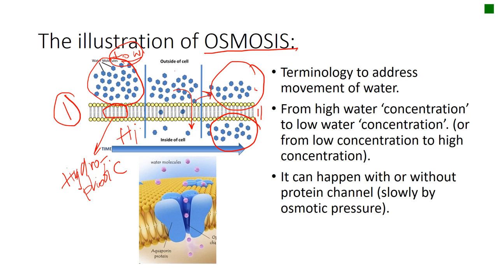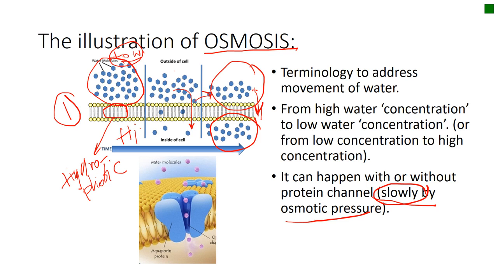The truth is, they can actually move through the plasma membrane bilayer, but very slowly, due to the osmotic pressure. Remember, water has pressure. It can push on the plasma membrane and create such a pressure to let the water molecules get in. But it is quite slow. The process happens very slowly.